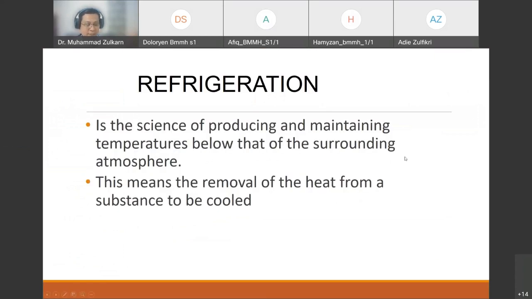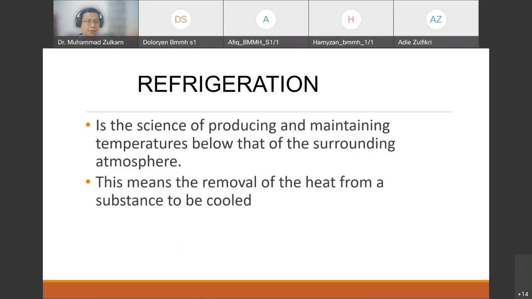Actually, I will also touch on the basics of refrigeration. Maybe this basic refrigeration cycle is similar to the fundamentals of HVAC, so you can find it there, but never mind, I will remind you at this moment.